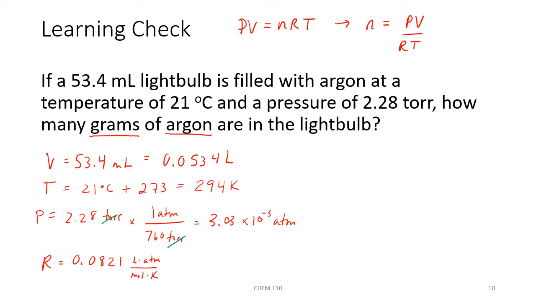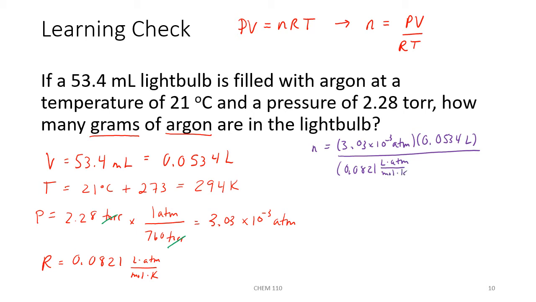Now we're ready to plug everything into our ideal gas law. n will be equal to our pressure times our volume, so 3.03 times 10 to the minus third atmospheres times 0.0534 liters divided by R, 0.0821 liters times atmospheres over moles times Kelvin, times our temperature, which is 294 Kelvin.